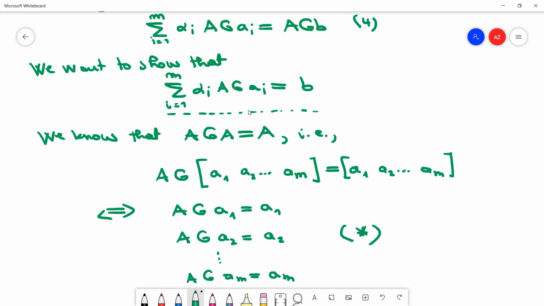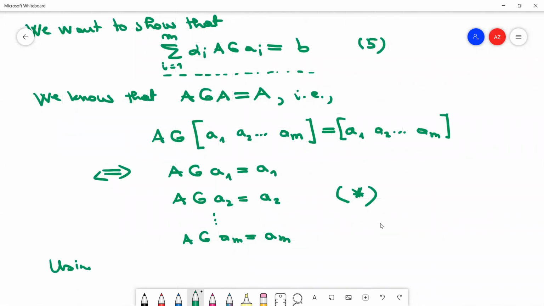And now observe the equation we want to check. So let's write it as 5. And we see that on the left side, we have those AG, AIs. But what we just checked is that AG, AI is equal to AI for every I. And we can use this in 5.